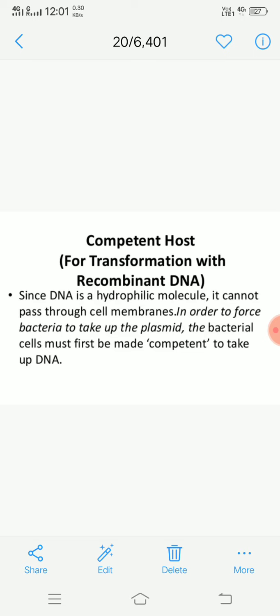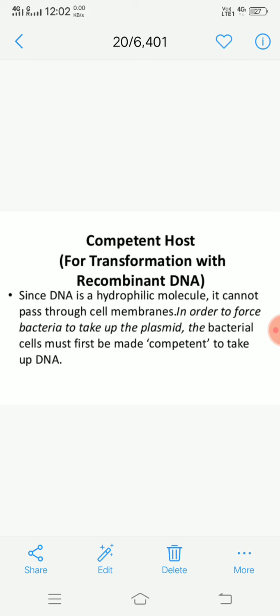We have to introduce our rDNA into the bacterial cell, but the bacterial cell cannot take that DNA directly. We have to make that host cell competent so that it can easily take up the foreign or our rDNA, and such a host is known as the competent host cell.